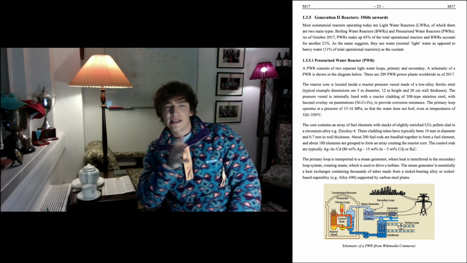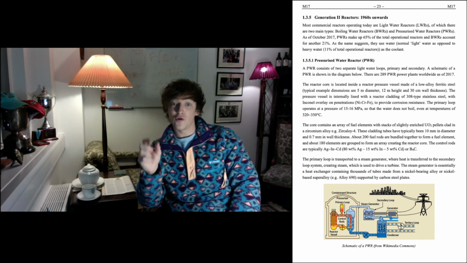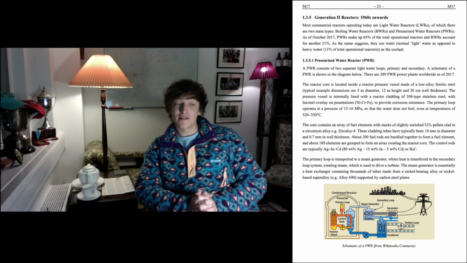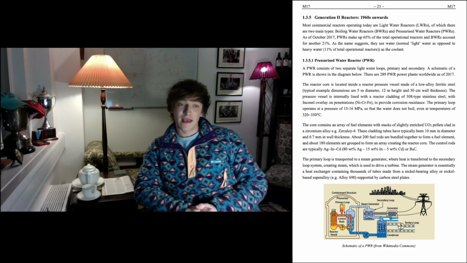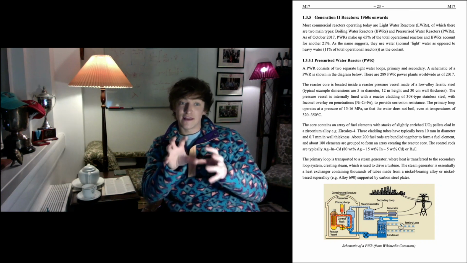Now, once the steam has passed through the turbine, it's got to be condensed. And it's condensed using a tertiary loop of cool water. In most cases, this is provided by seawater. That's why you've got nuclear plants next to the sea. And it's pumped back to be heated up again in the secondary circuit.